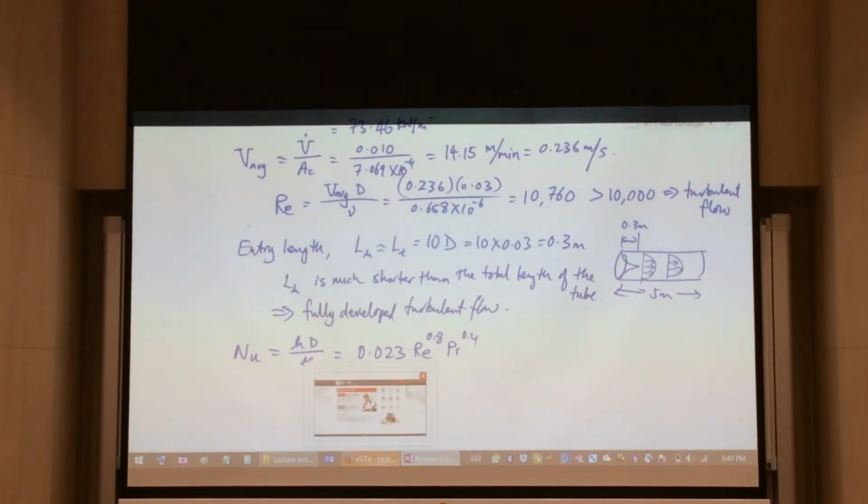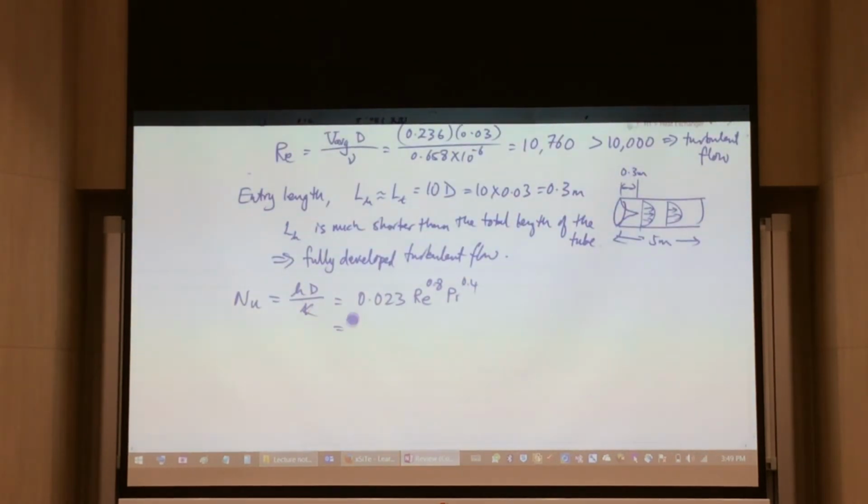So we can start to substitute it inside. So that will be equal to the following: 10760 to the power 0.8. And the Prandtl number that was right up in the table, that's 4.32. And that is equal to 69.4.